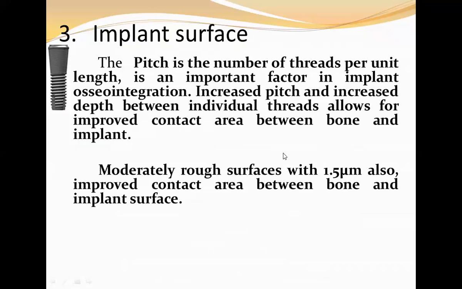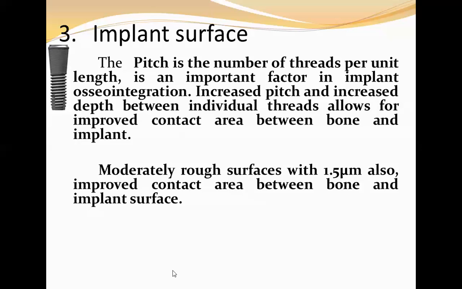So ideally it has to be 1.5 micrometer. This pitch of your threads, this is not our job, but whenever you choose an implant, you always see the surface qualities of the implant. The implant company would come to you and tell you so many things, but your knowledge is very important. So you always look for a pitch of at least 1.5 micrometer.